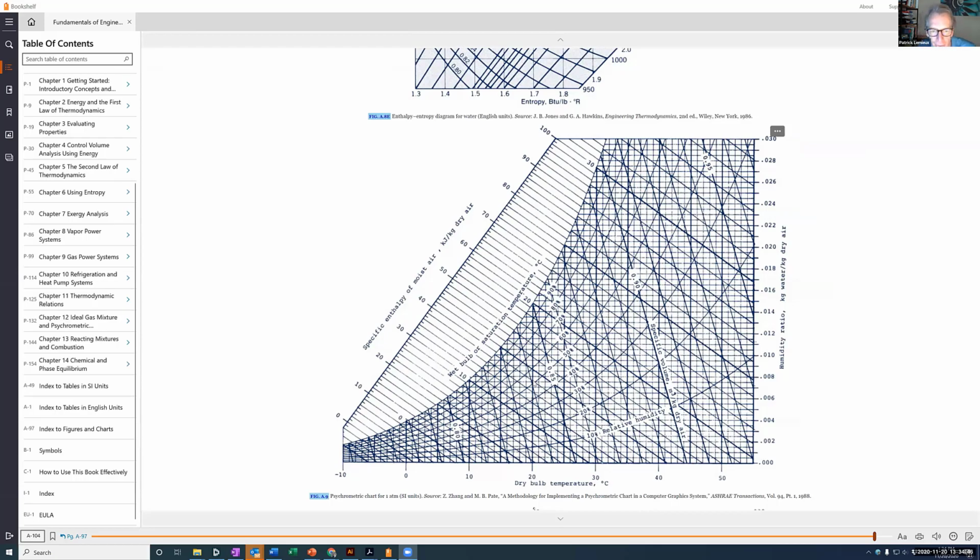Because I figured out where I'm at. Might as well highlight what I got here. So state properties at 1. What do I have? You guys help me out here. Phi. What's my phi? 50. What's my v1? What's my h1? Start with that. And what's my T wet bulb?